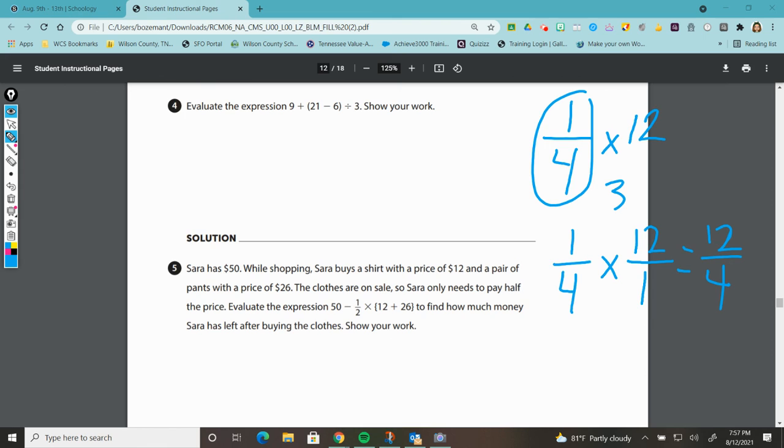So you would have 12/4. 12/4 is an improper fraction, or a fraction greater than 1. So you're going to think of this as division. 12 divided by 4 is 3. So that is a helpful hint when you have a fraction being multiplied by a whole number.